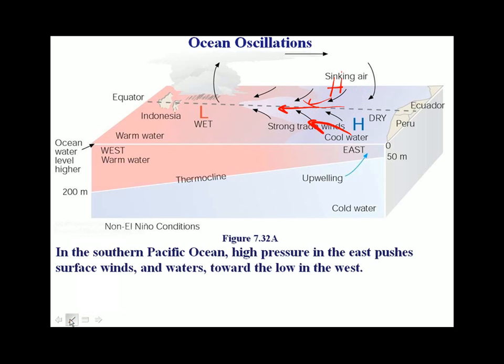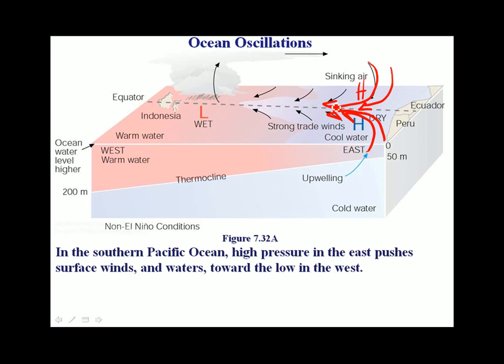During a La Nina setup, you still have high pressure here over the equatorial Pacific, but it becomes a strong high pressure. And so the surface winds become much stronger. And these stronger surface winds will begin to move more and more water away from the equatorial Pacific.